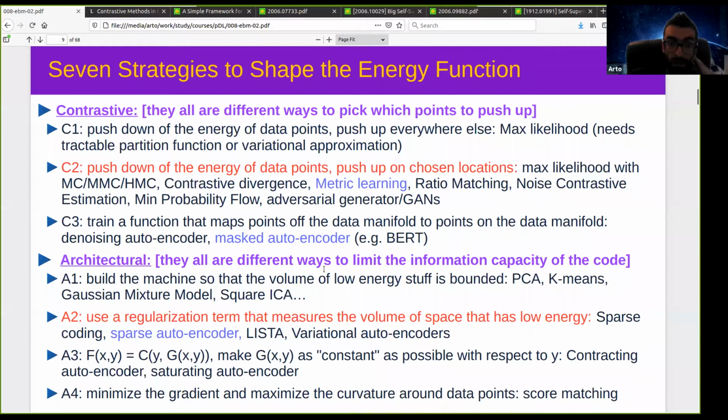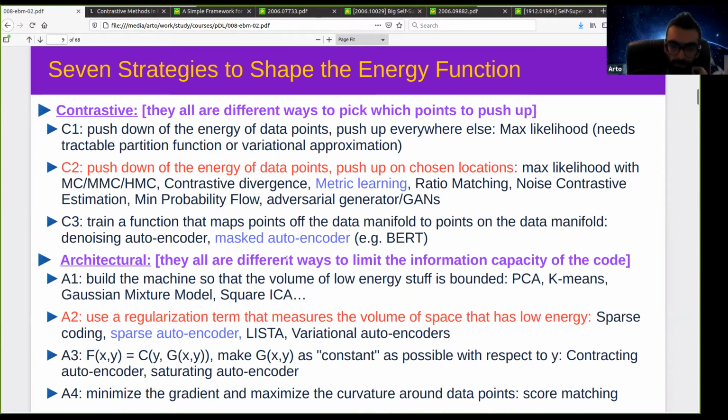Another class of contrastive methods would be denoising autoencoders and masked autoencoders, which are particularly popular in language modeling.